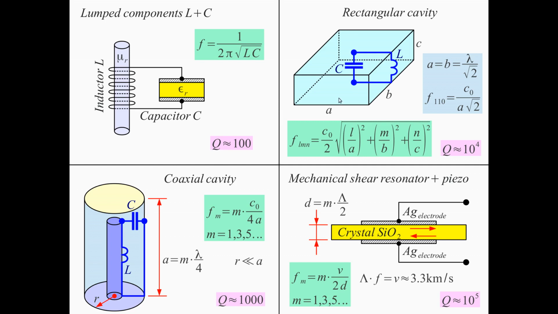A very good solution is to use a mechanical resonator. A mechanical resonator using shear waves in some kind of low loss crystal like quartz crystal. Shear waves, why? Because shear waves do not propagate in liquids or in gases.